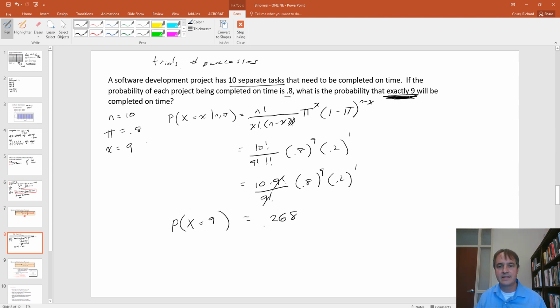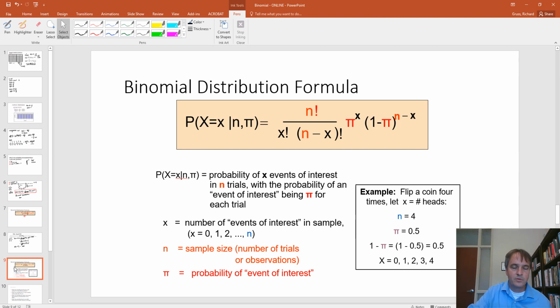Even if the probability of success for each project is pretty high, the probability that you'll have a lot is high, but the probability that you'll have exactly 9 isn't necessarily all that high. Okay, so just to emphasize, to review the formula, this binomial distribution formula gives you the exact value. So you're looking for the probability that x takes on an exact value.